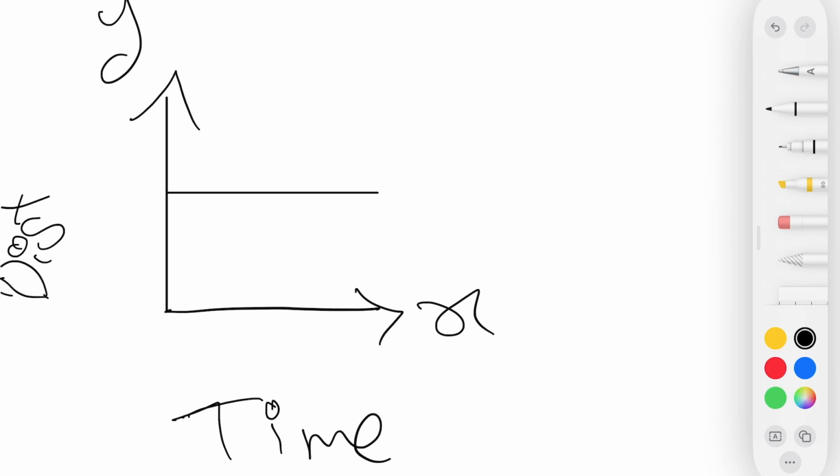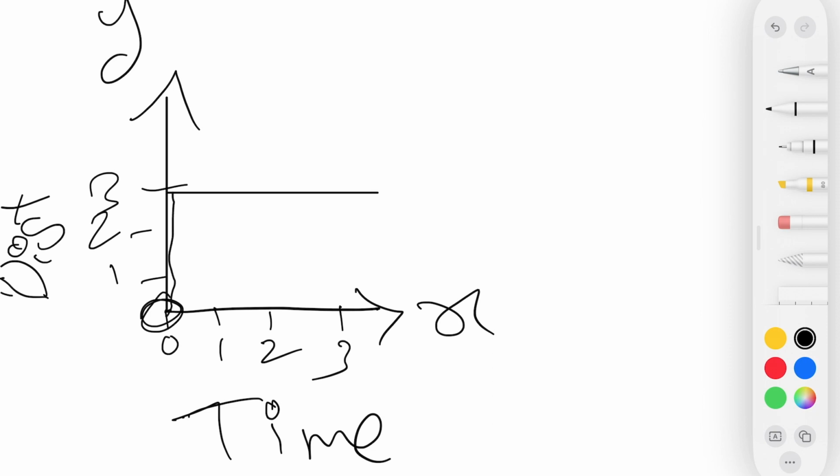So here sometimes people get confused. Look, I'll show you. 0, 1, 2, 3, 1, 2, 3. Sometimes people think that this is the starting point and first the person goes up, covers 3 kilometers, and then it stays still.